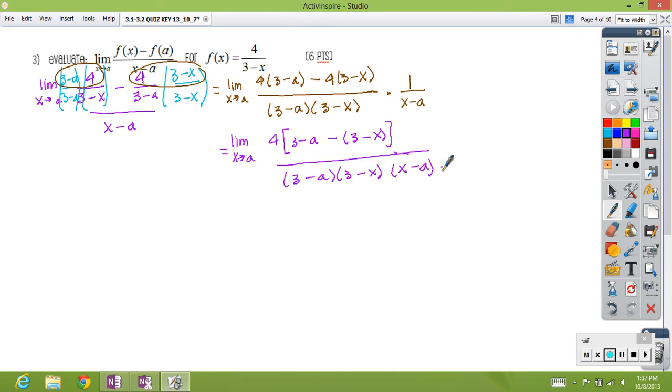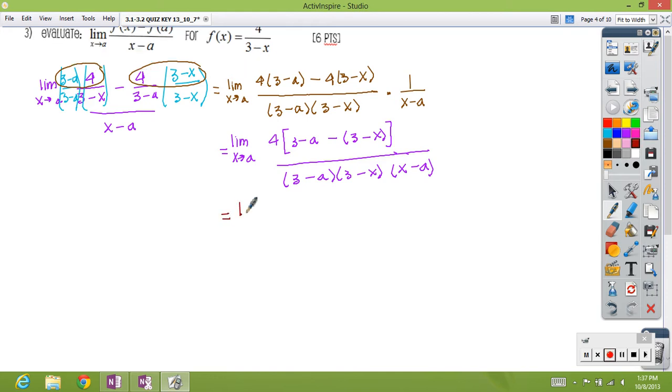That might actually help us save a little bit of time. So I get that the limit as x goes to a of 4 times, the 3's cancel, and I end up with x minus a inside, all over the denominator, which is 3 minus a times 3 minus x times x minus a.